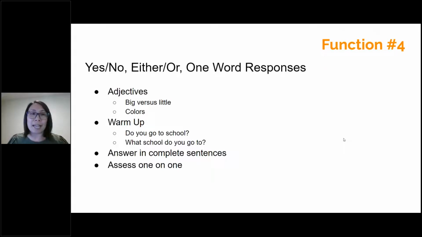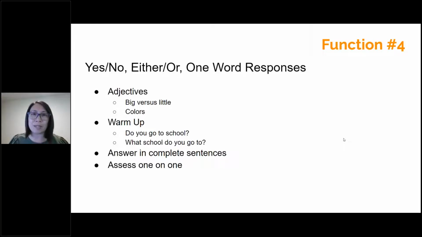But really adjectives, either or, one-word responses, adverbs are very, very important to teach, because remember, we're going back to the nouns, verbs, adjectives, adverbs, so parts of speech, right? Colors you have to teach, yes, definitely. So use words to describe something with color, size, shape, maybe even feelings, right? And really help students with that.